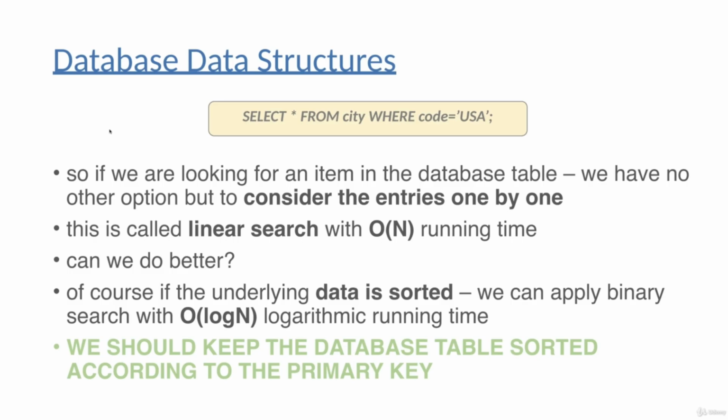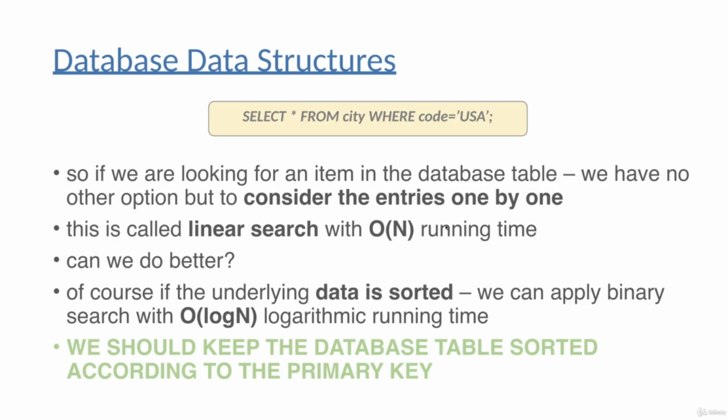So what's going to happen? The operating system fetches the database table content into the main memory, of course, as far as pages are concerned, so the first page, second page, third page, and so on, and we have no other option but to consider every single entry one by one. And of course, this is called linear search with O(n) linear running time complexity.